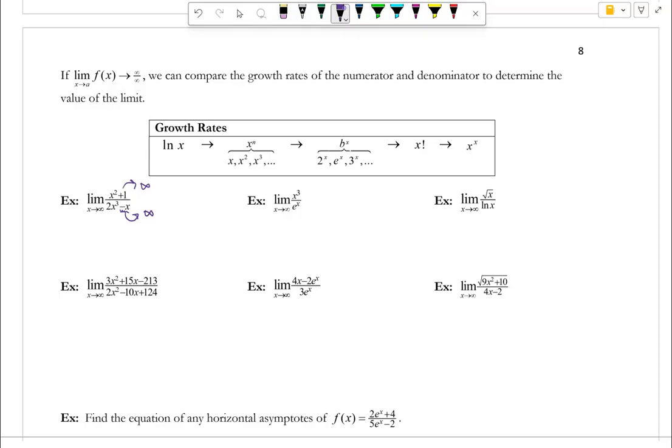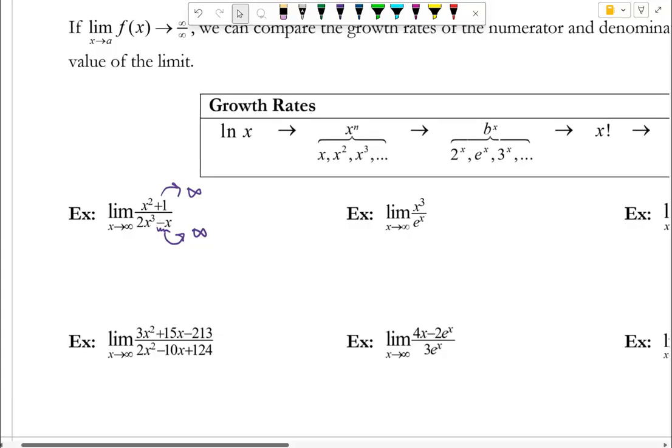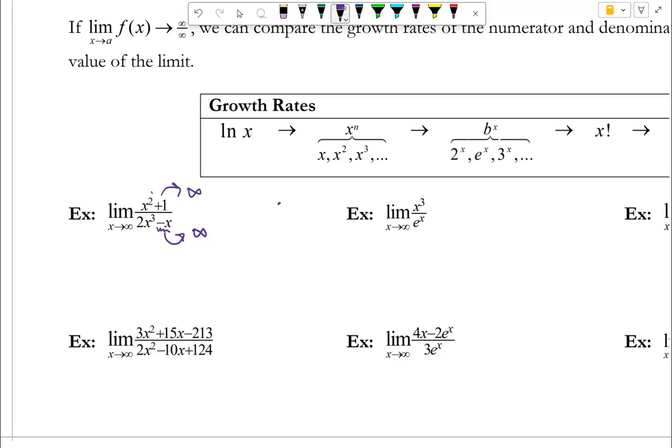So cubing a giant number and then subtracting that number from what you cubed, really the subtraction piece is insignificant. So when we look at this function, what we notice is that the top and the bottom are both just blowing up, getting really big. And really the only significant pieces in this expression are going to be these fastest growing pieces.